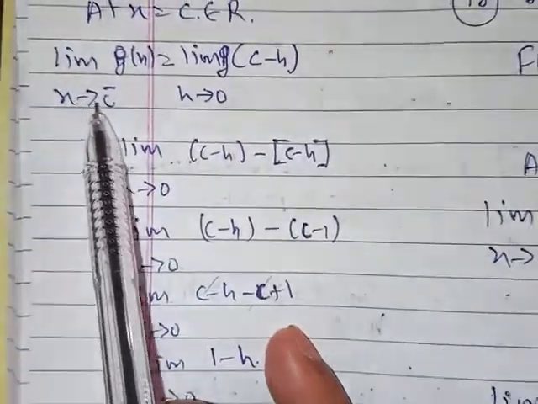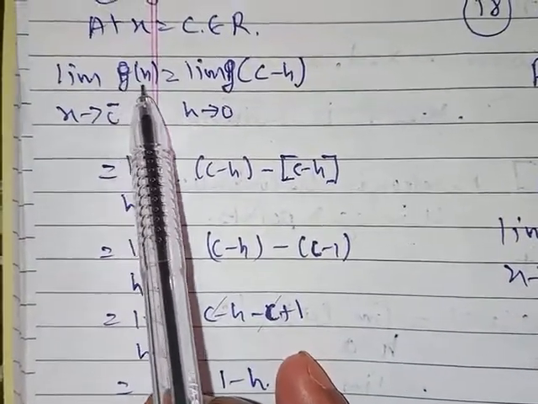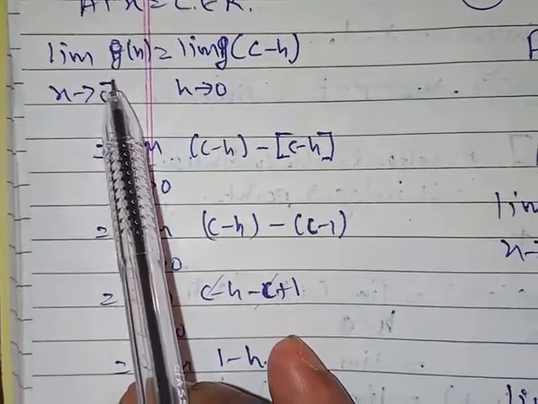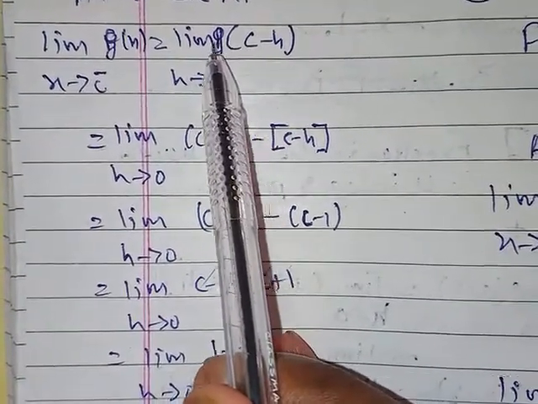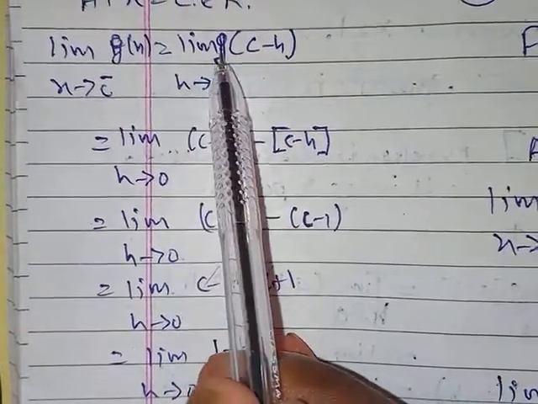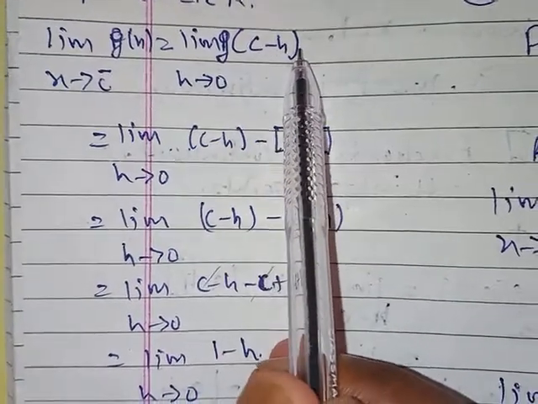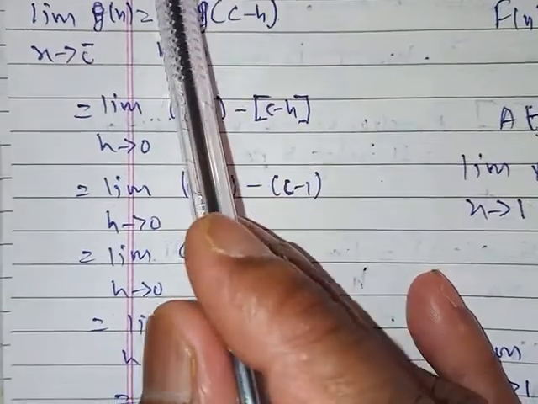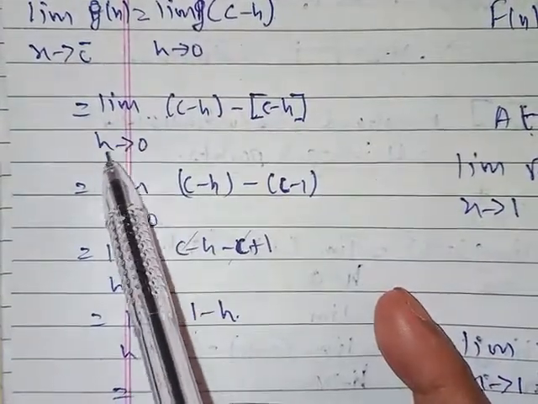Limit x tends to c minus of g of x is equal to limit h tends to 0 of g of c minus h. Okay, substitute in the function g. What is the function of g here? Limit h tends to 0.